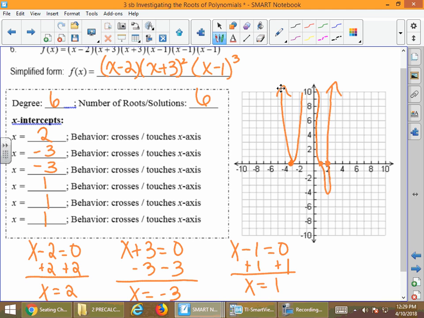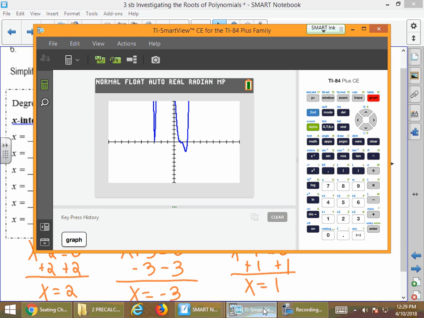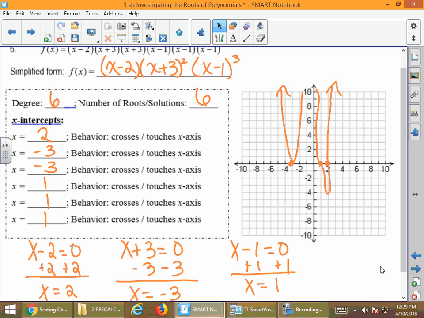So not my best picture, but I did try to get, see how there's a little curve in that graph at 1 and then back up. I tried to get that in there. Did not do well, but that's the beauty of having a graphing calculator, is that we can look at the picture on the screen.